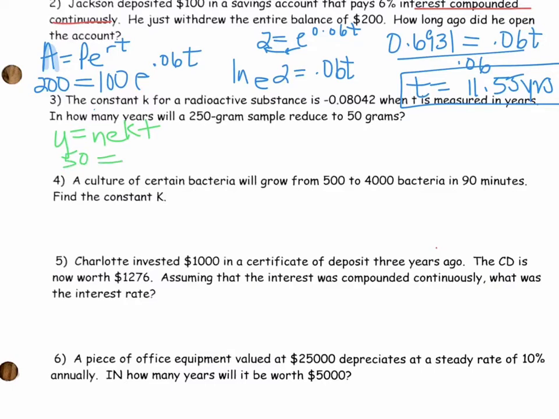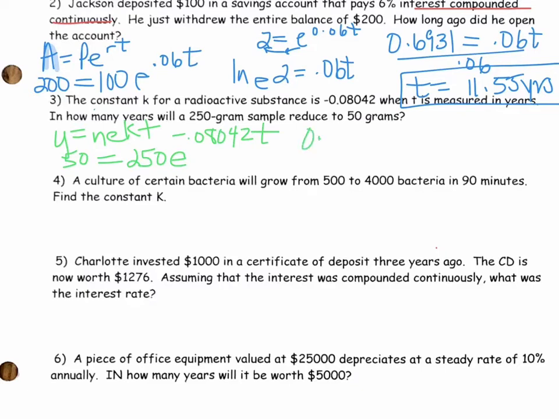50 equals N, our initial value is 250. E is still E. K is negative 0.08042, and then T is what we're trying to find again. So again, we're going to divide by 250, and when I do that, I'm going to get 0.2.